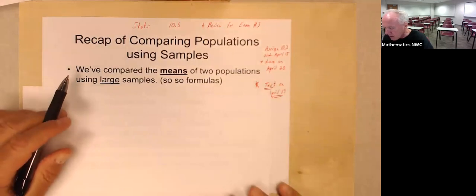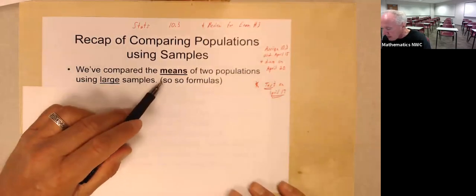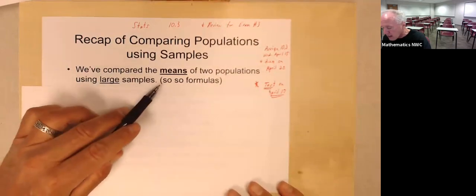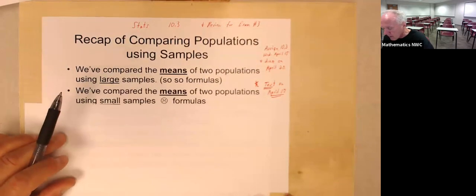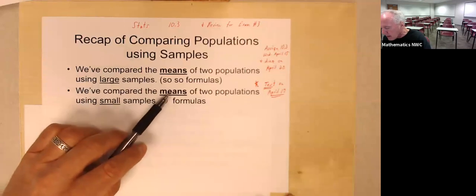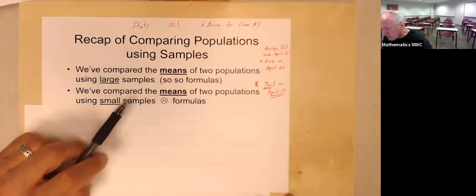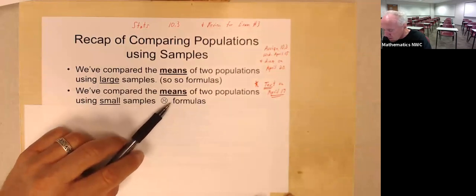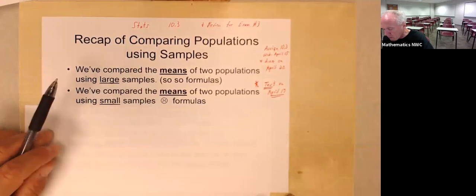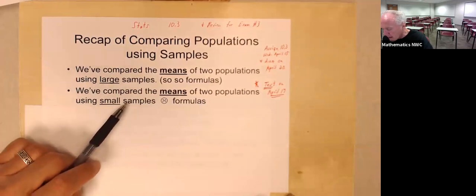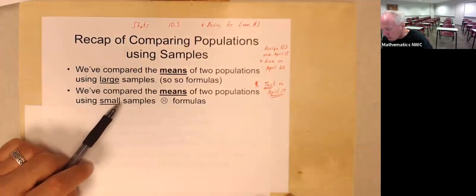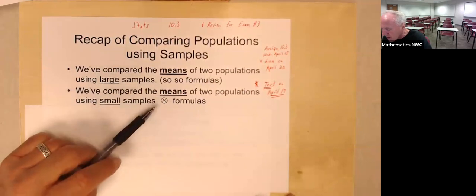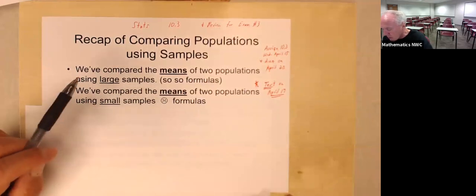You always remember a difference. But the formulas were not great, not horrible. We actually did the formulas. Then we compared means from 2 populations with small samples. Formulas were horrendous, if you remember. We did not expect you to use those formulas. We gave them to you as computer printouts. On the test, any problem that would have small samples from 2 populations would also be giving you a computer printout.